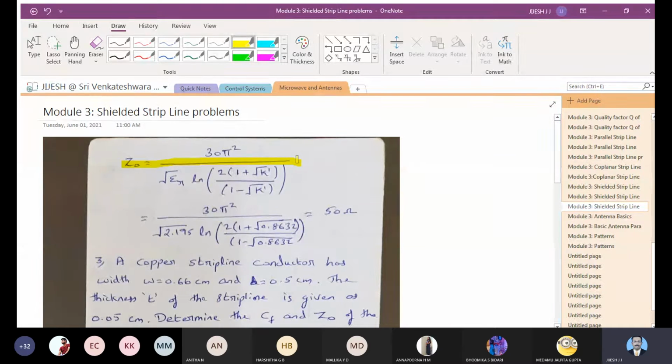So Z0 you will get as 30 pi square divided by root of 2.195 ln 2 into 1 plus root of 0.8632 divided by 1 minus root of 0.8632. So we will get it as 50 ohm. So all of you have completed this problem.